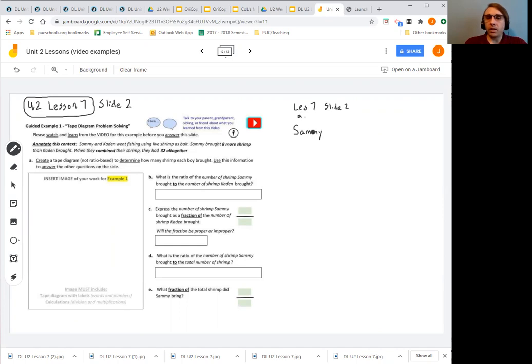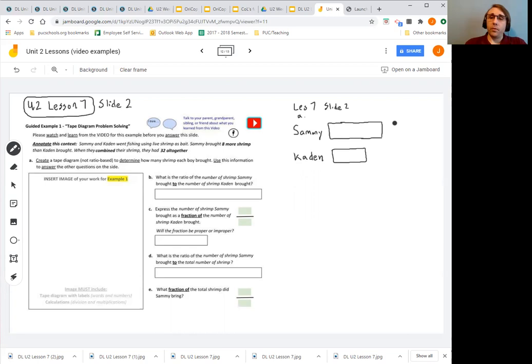Okay, so Sammy has got a tape diagram of some sort, and Caden has a tape diagram part as well. But Caden's part has to be shorter than Sammy's. So I'm going to make it like maybe here. I don't know exactly how much more because we don't have any numbers right now inside of the boxes or at the ends.